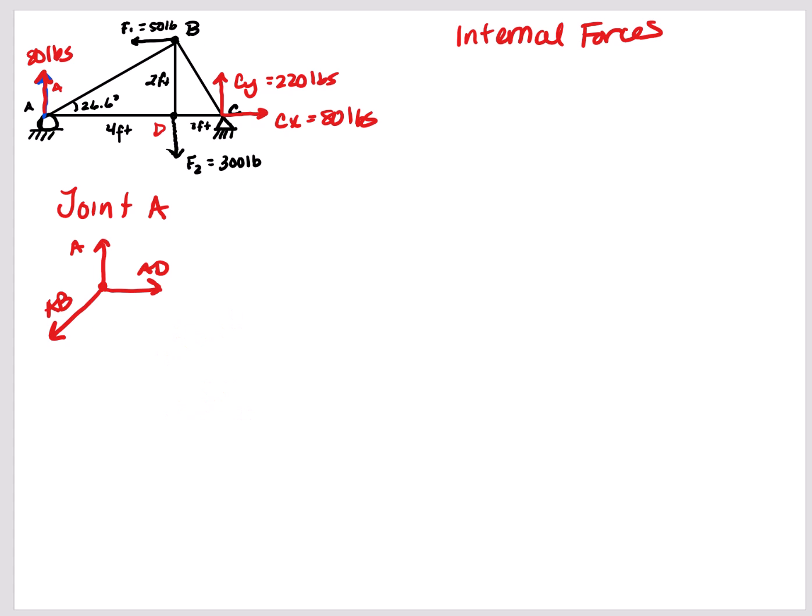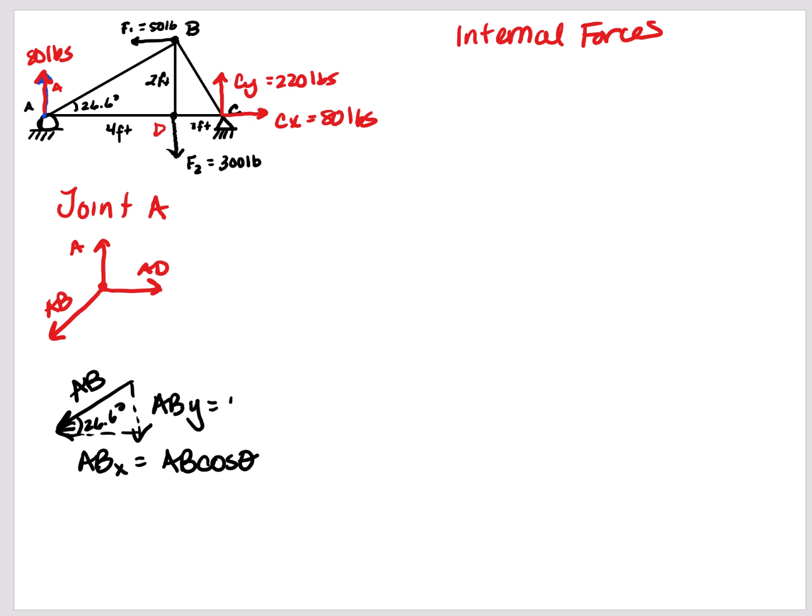Since AB is at an angle, we must resolve it into x and y. So it's going south, and it is going to the west. This angle is provided in the problem. So I know this is ABX because it's next to the angle, so it's going to be AB cosine theta.